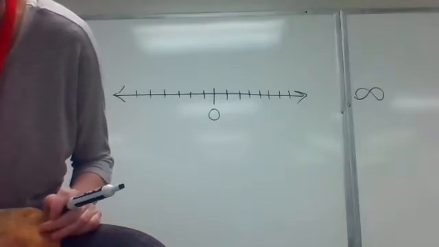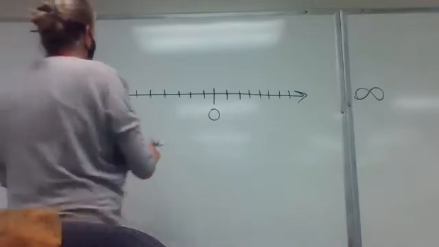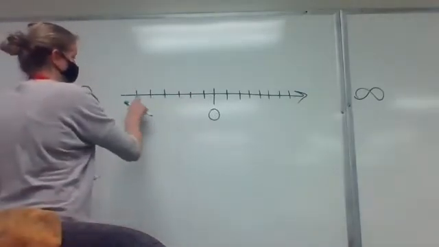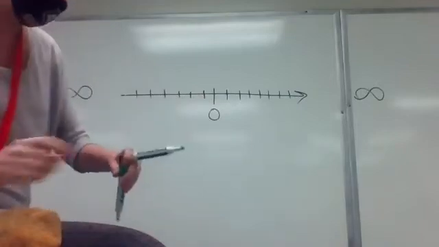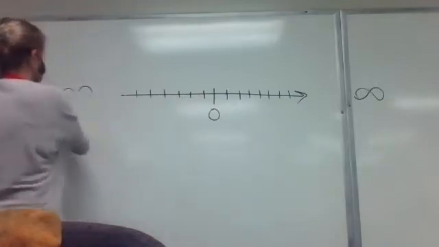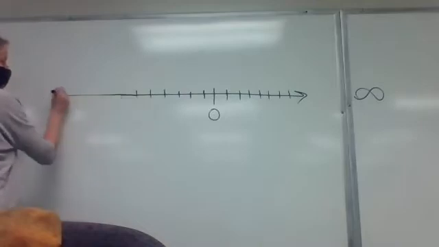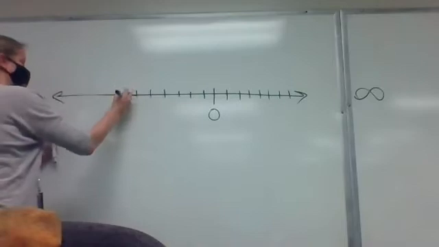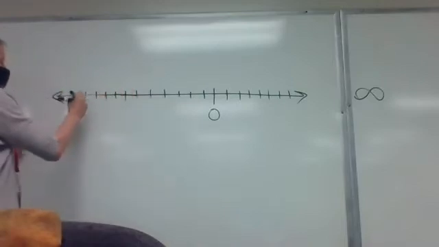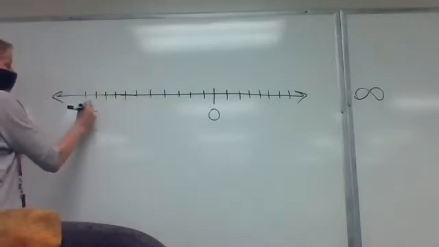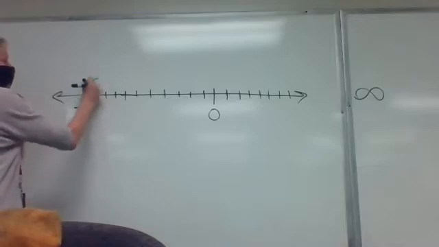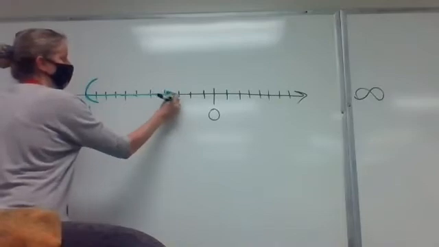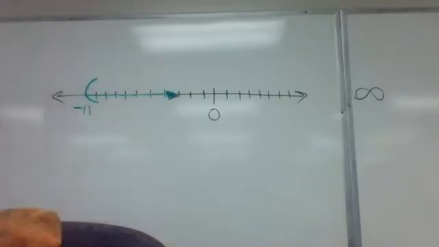And it's got an open parenthesis on negative 11. Let's see, negative 1, 2, 3, 4, 5, 6, 7, 8, 9, 10, 11. So this is the number negative 11, and it's got an open parenthesis with the arrow going to the right.